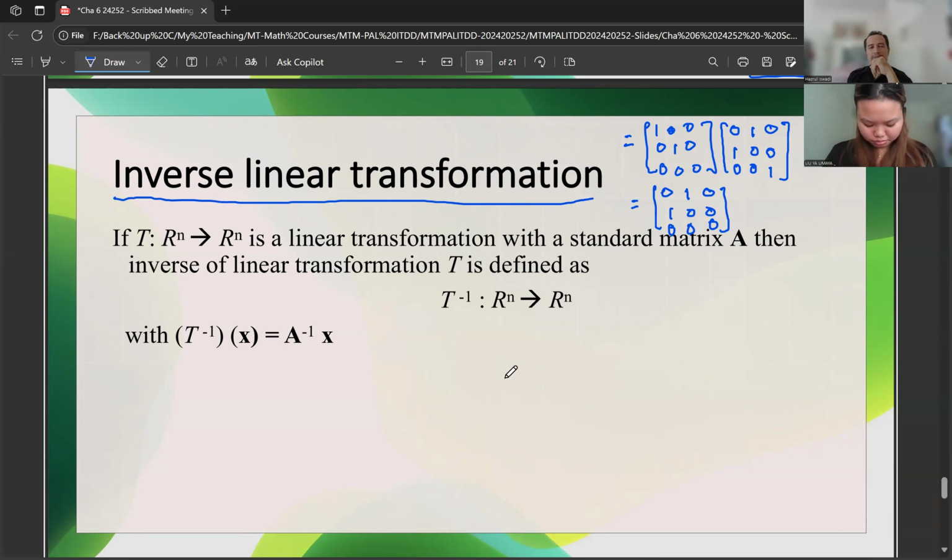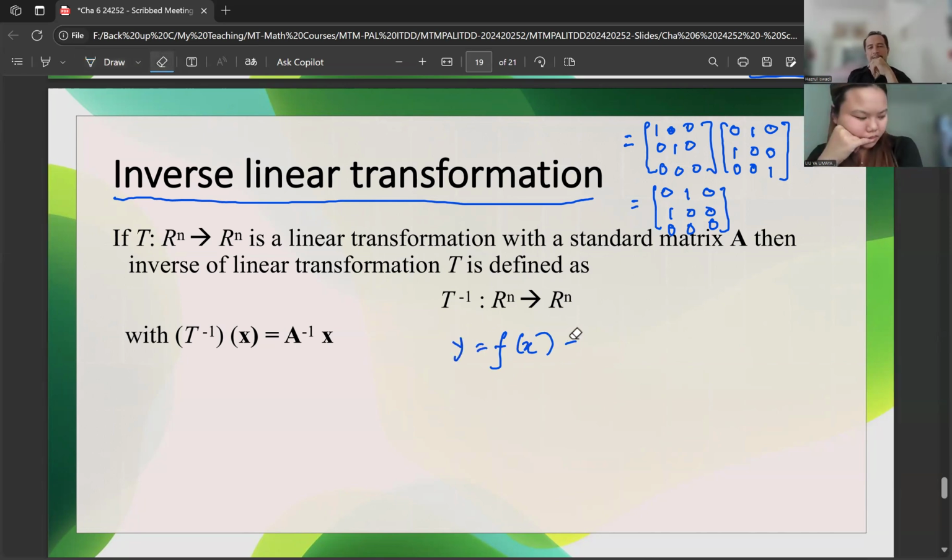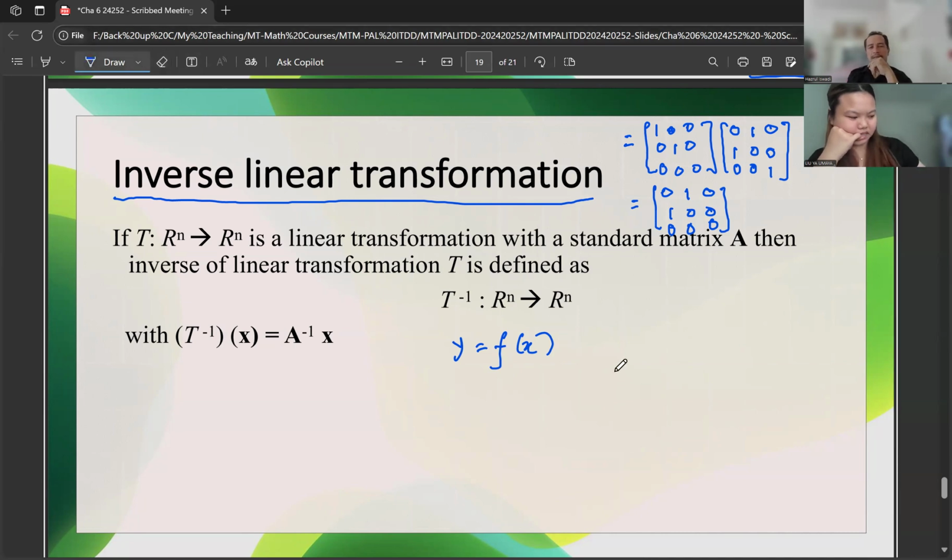I think the inverse is the same as with a function. In a function, y is equal to f(x), and we have the inverse: x will be f inverse of y, like this. So in linear transformation also we have like this.